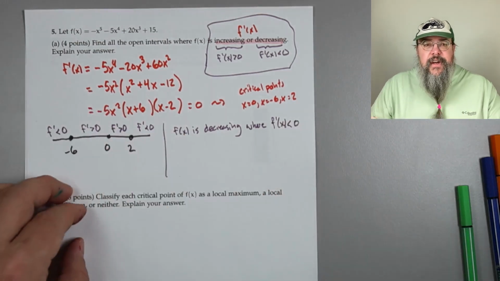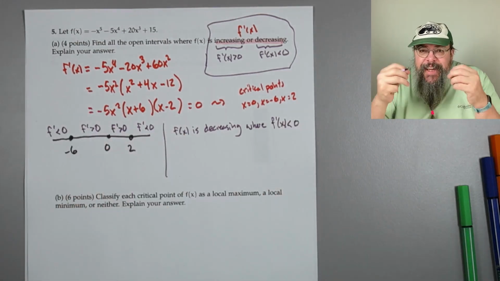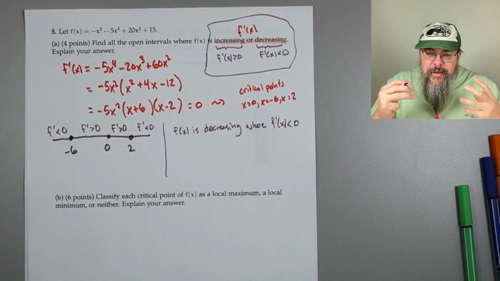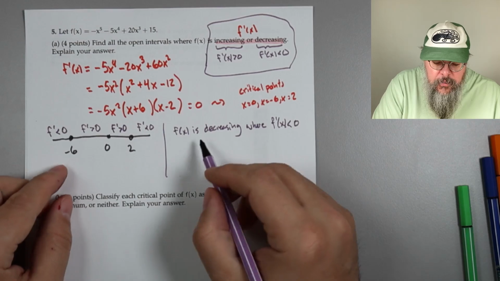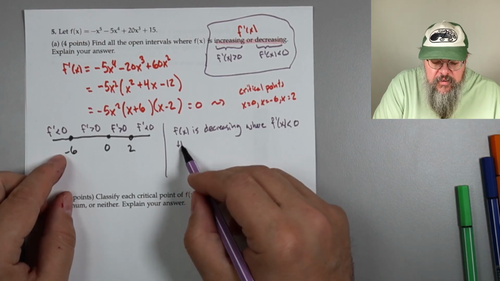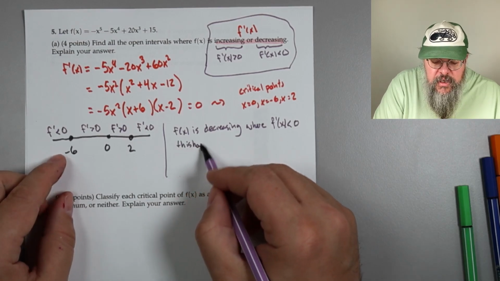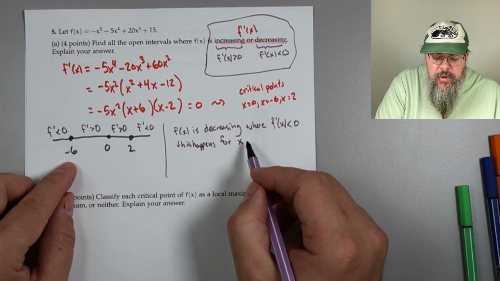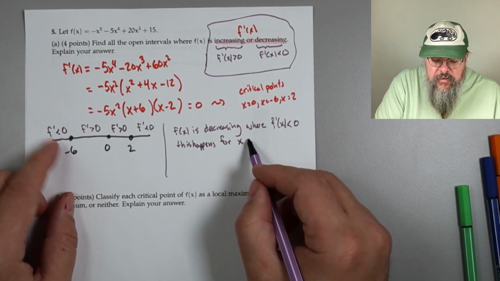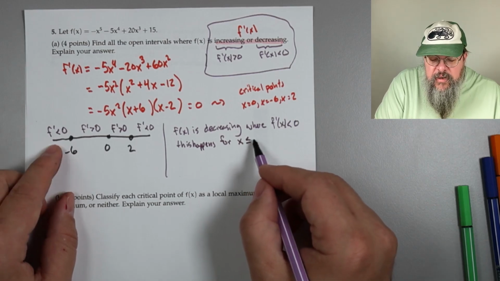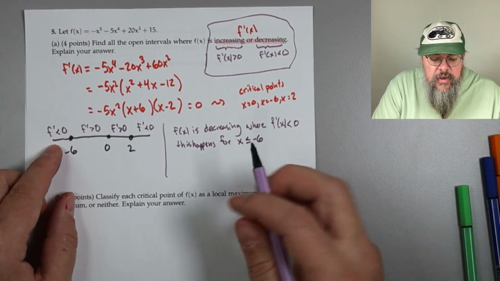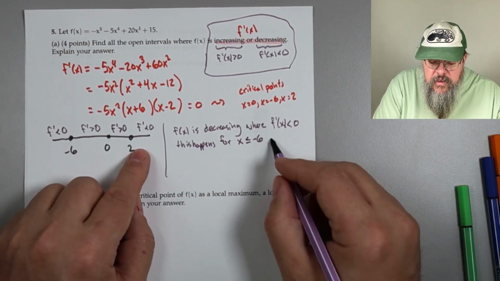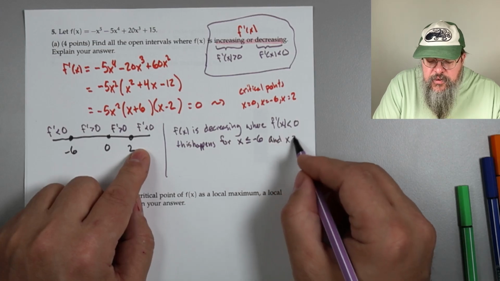Whenever they say explain your answer, you've got to try to do a sentence, because they're very persnickety. And this happens for which intervals? Well, for x below -6, because that's negative, and you can even say less than or equal to, and x above 2.